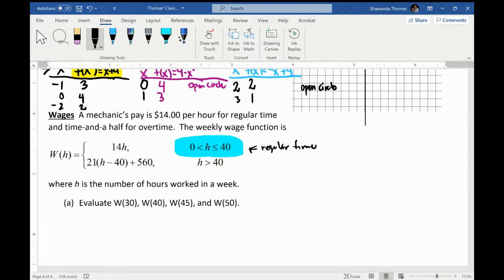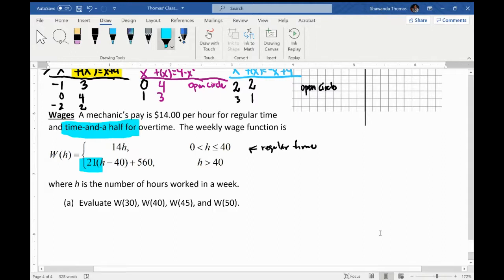All right. Now, where is 21 coming from? That's 14 times time and a half. Very nice. Can you explain what time and a half means? The regular time is 14, and time and a half would be half of 14, which is 7, right? So it's 21.